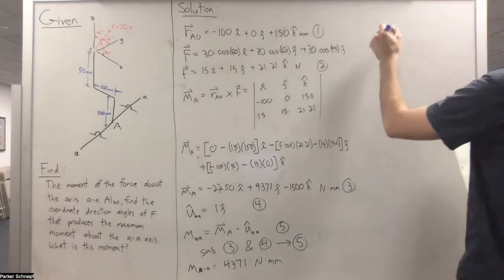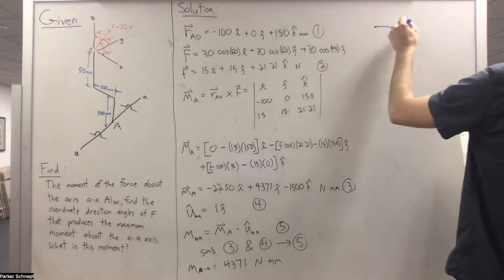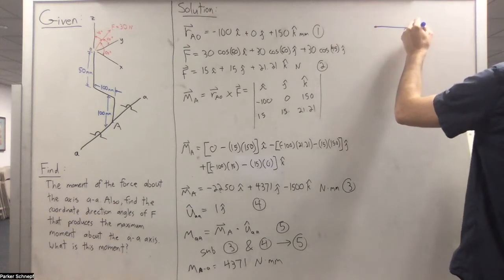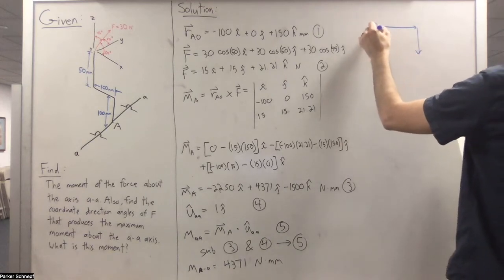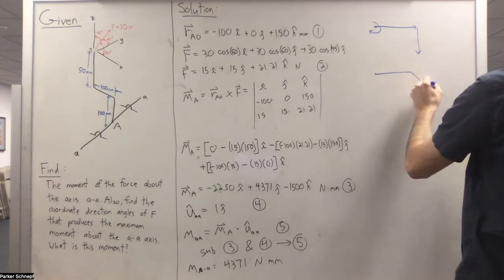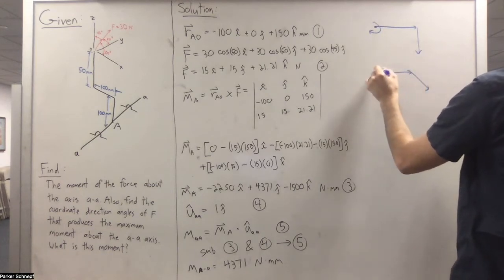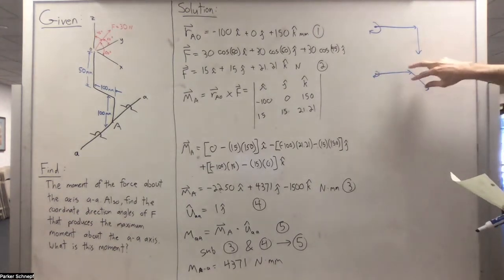If this is my point that I'm rotating about, and this is my position vector, and this is my force vector, this is going to cause a larger twist than if it looked like this. This will cause a smaller twist, assuming that these are all the same magnitudes.